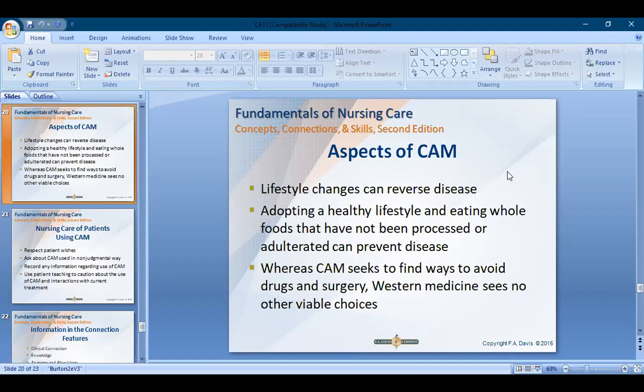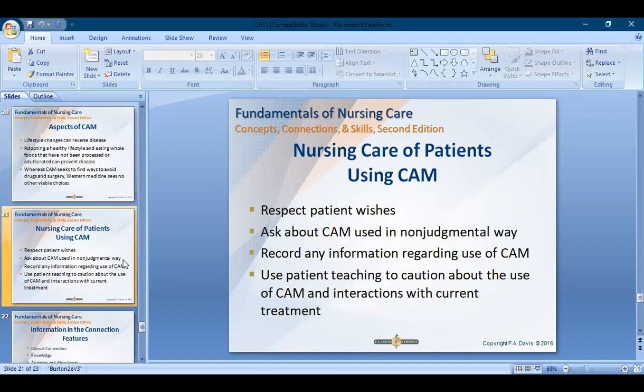So now, nursing care of the patient who is using alternative medicine. Some of us who deal with allopathic, Western medicine usually have a negative attitude toward herbals or some alternative medicine. But whatever, if the patient likes it, we have to respect their choice, right?